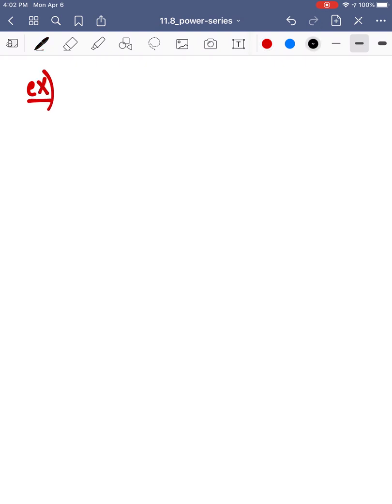This is the function 1 over x plus 2. And we want to find a power series representation.